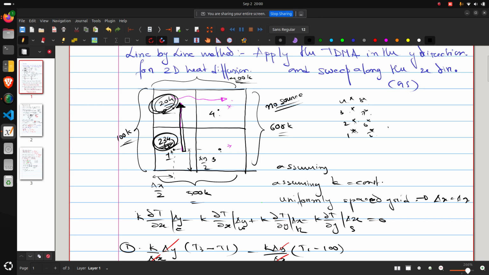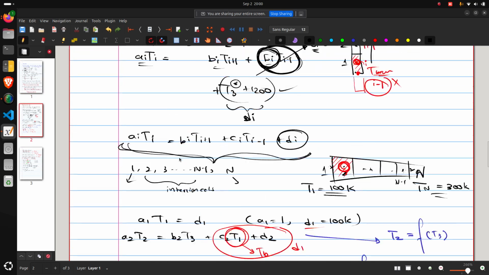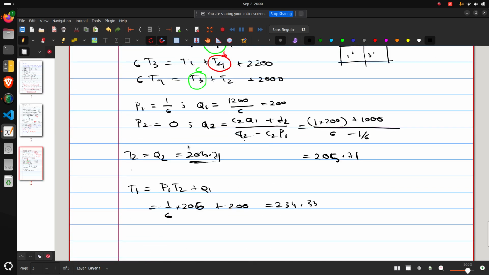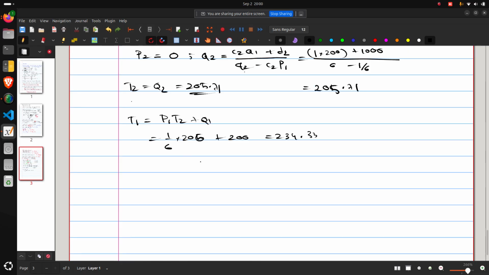So now that we have these values, these are not the correct values, right? If you remember, these are not the correct values because the neighboring cells are just guess values.